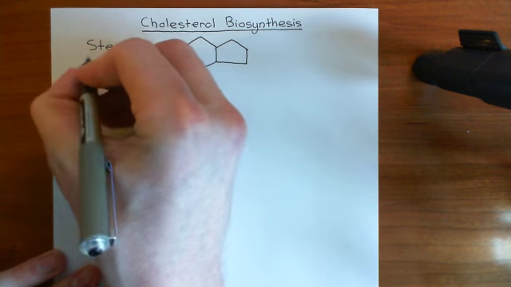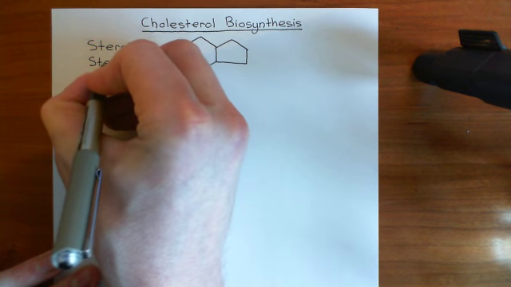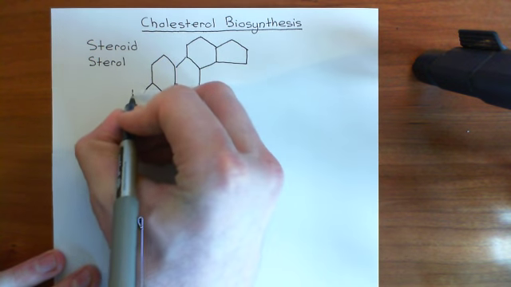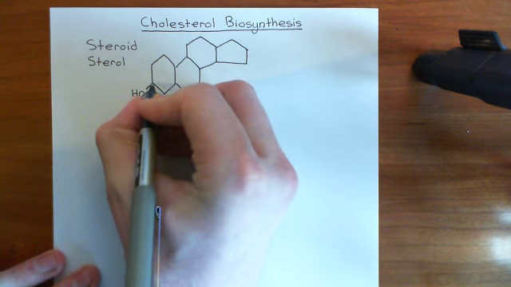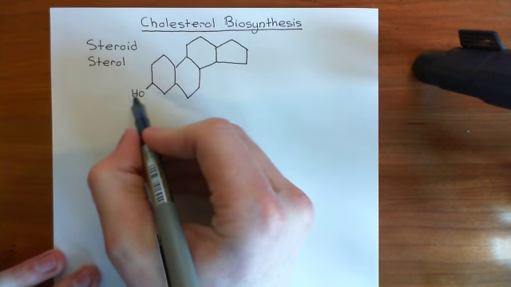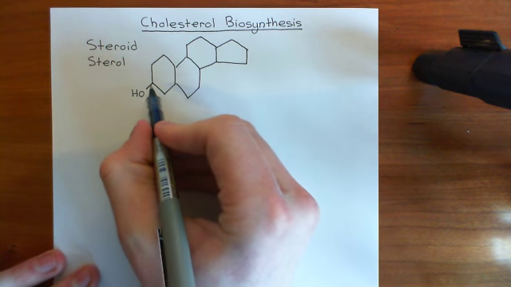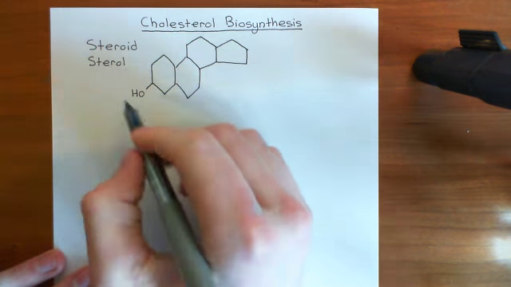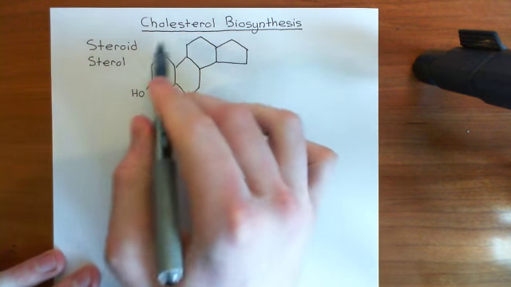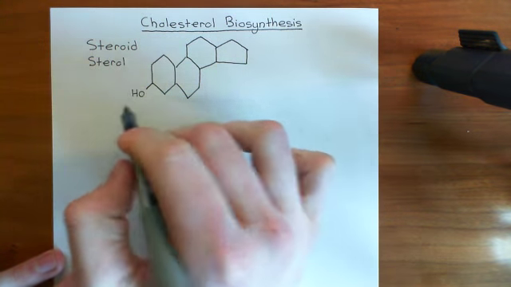Now to turn a steroid into a sterol, what you do is you have an alcohol group coming off this carbon down here. Originally that carbon would have had 2 hydrogen atoms coming off it. You take one of those hydrogen atoms off and put an alcohol group on. That gives you a sterol structure. So all sterols have this conserved structure within them.